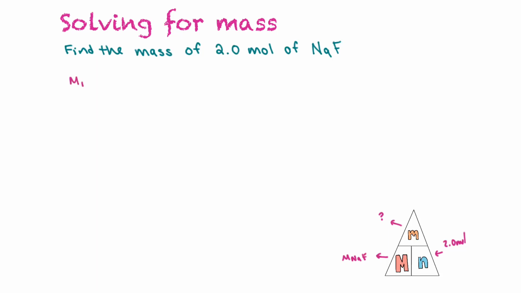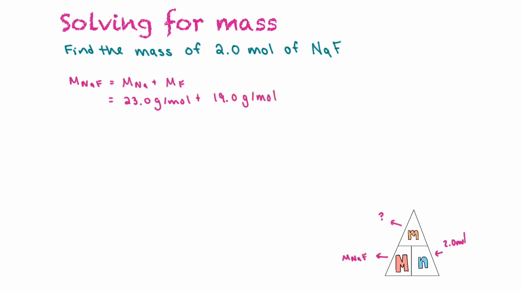So the molar mass of NaF is equal to the molar mass of sodium plus the molar mass of fluorine. So we look those values up on the periodic table. So the molar mass of sodium is 23.0 grams per mole, plus the molar mass of fluorine, that's 19.0 grams per mole.